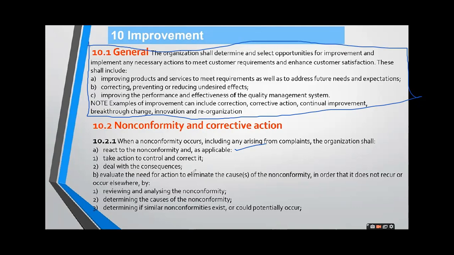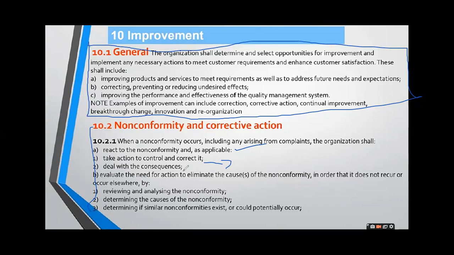You will implement actions to eliminate the root cause and prevent any future occurrence. So overall, in a nutshell, these parts emphasize prompt action and thorough root cause analysis that are essential for preventing repetitive non-conformities and ensuring quality management system effectiveness.